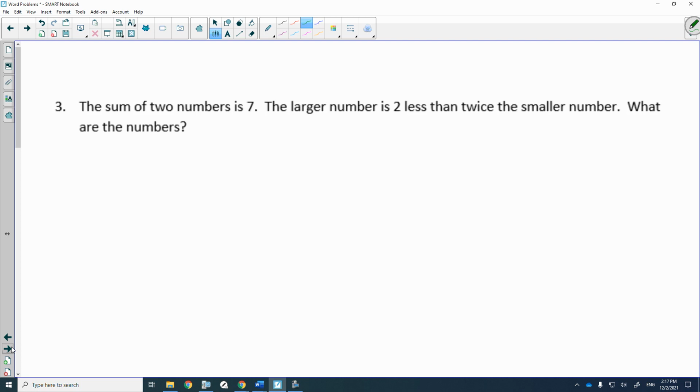I'll pick 2 different people for this. The numbers one. The sum of 2 numbers is 7. Will be the first system. Second system, the larger. Let's let X be the larger.